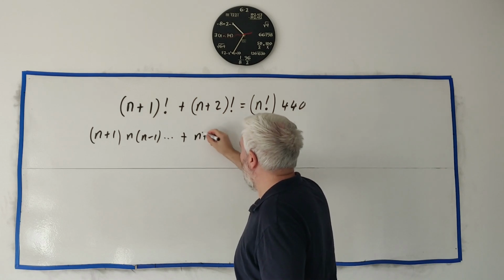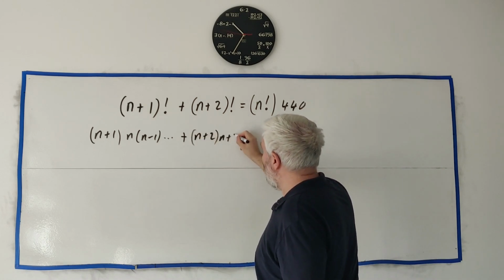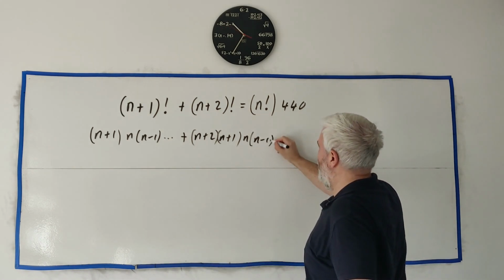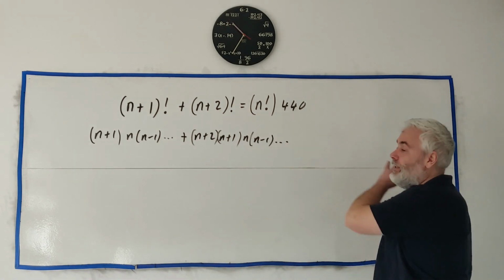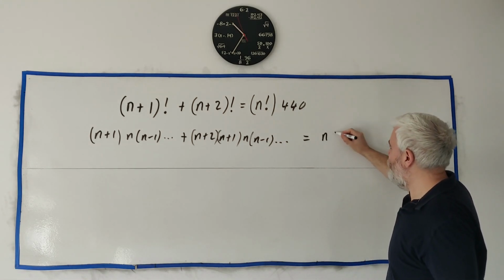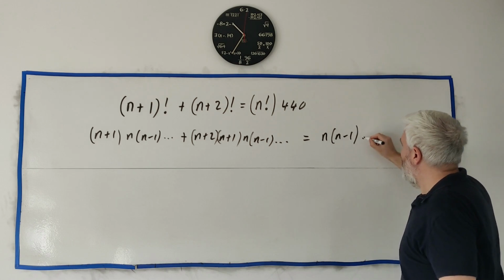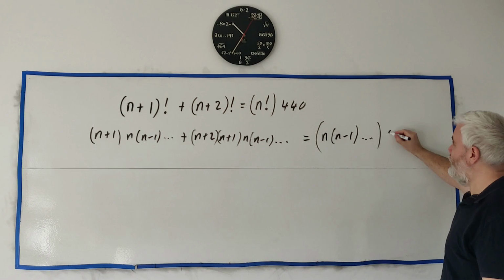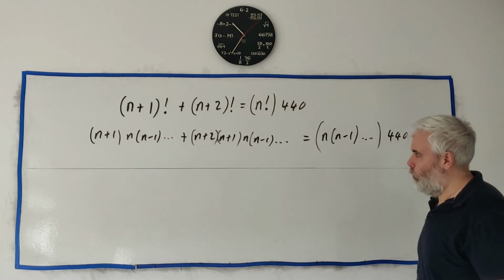It's n plus 2, n plus 1, n, and let's go all the way down to n minus 1, like we did here. And dot, dot, dot. That stays going forever. The other side of the equals is n multiplied by n minus 1, dot, dot, dot. That goes on forever. And we multiply all of that by 440.